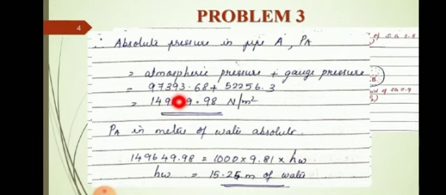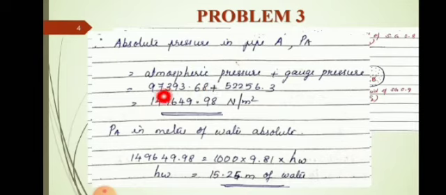So PA you have already found out. From that you have to find out the corresponding meters of water absolute. So for that you have to equate the PA to rho GH. Rho, since it is water absolute, you have to use the density of water, 1000 into 9.81 into HW, and from this you can find out the value of HW. So that much meters of water provides you this much of pressure. Okay, so I hope that is clear for you.